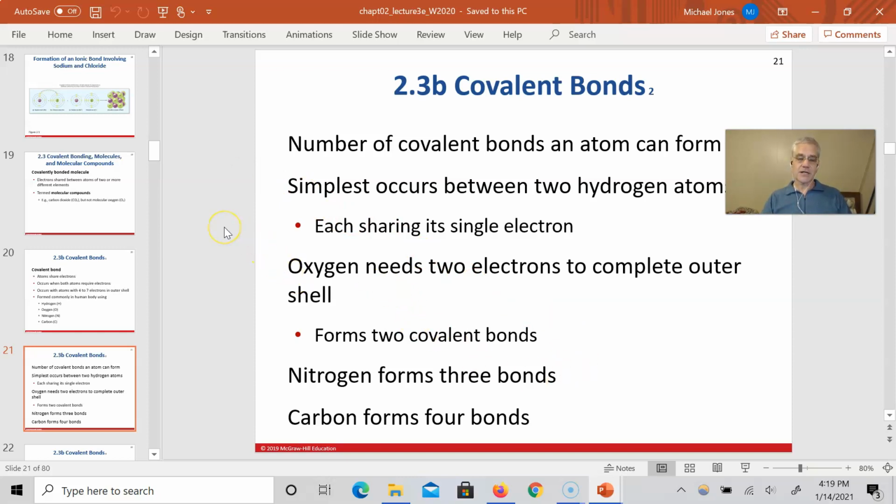Carbon is a good example of an atom that can share 4 pair of electrons with 4 different things. So like CH4 is methane. That is carbon with 4 hydrogens attached to it, and it is sharing a single pair of electrons with each one of those hydrogens.